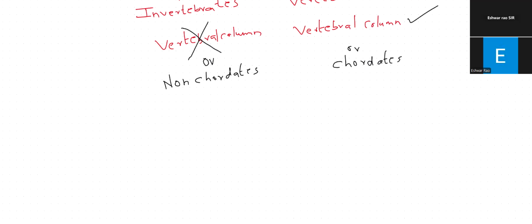Porifera, Cnidaria. What is the other name of Cnidaria? Coelenterata.